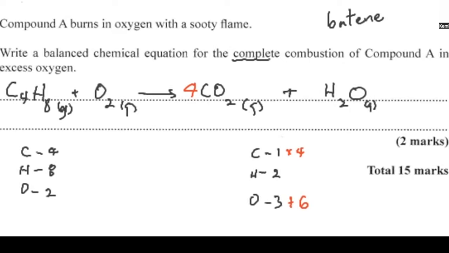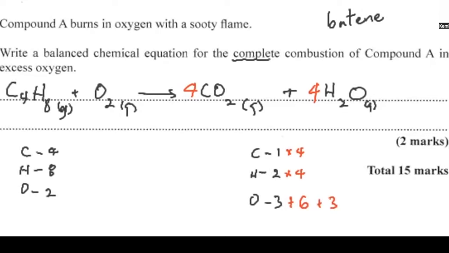So we now look at the H. 8 is on the left hand side. We have 2 on the right hand side. So if we put a 4 here, that will fix that for the hydrogen, at least for now. So 4 times 2 is 8. Putting a 4 right there means that we now have an additional 4 hydrogens.